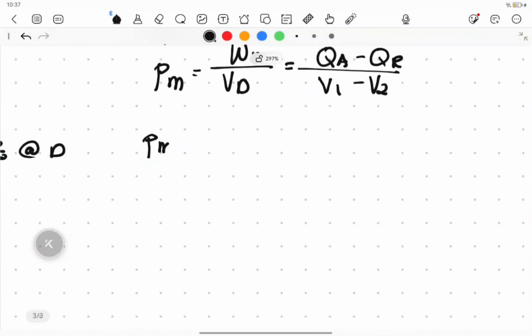So PM is at letter M BTU, but we don't have V2. We have V1, but we don't have V2 yet.